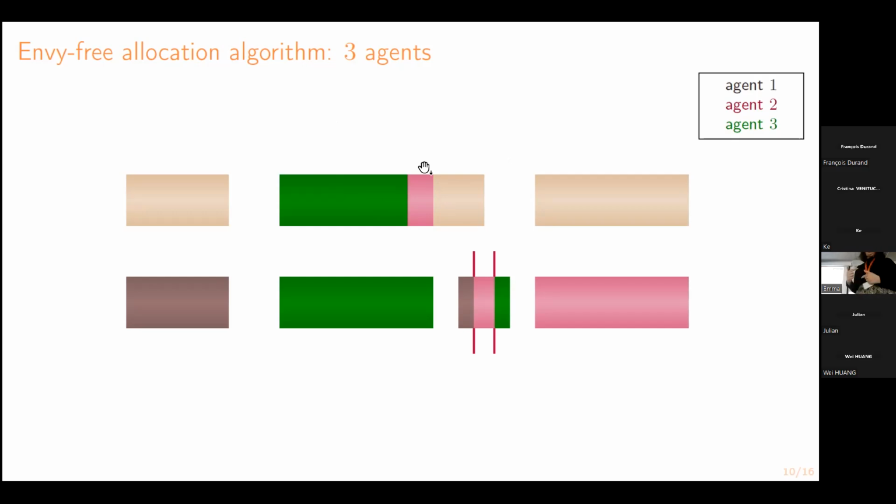And when you iterate the process, you can lose the envy-freeness, and so you need to introduce swaps. You need to introduce a permutation between the parts that you allocate, and this starts to get complicated. Honestly, I haven't looked in detail at the algorithm, but it uses several sub-algorithms where you can swap, and it starts to get really complicated.